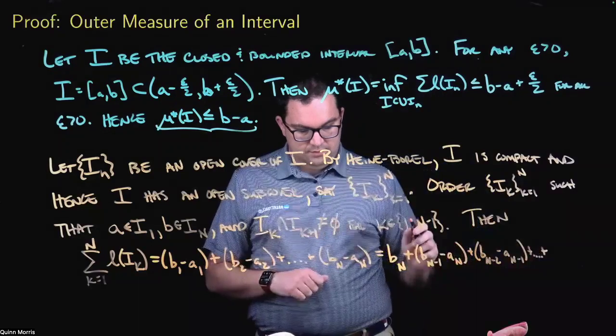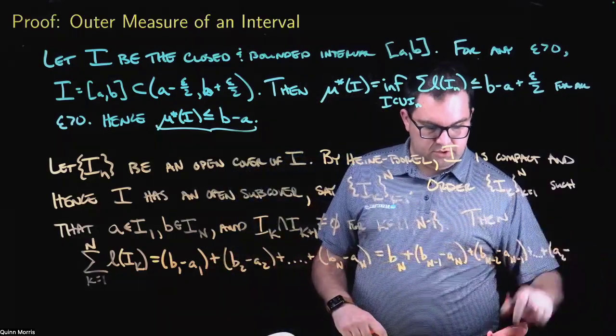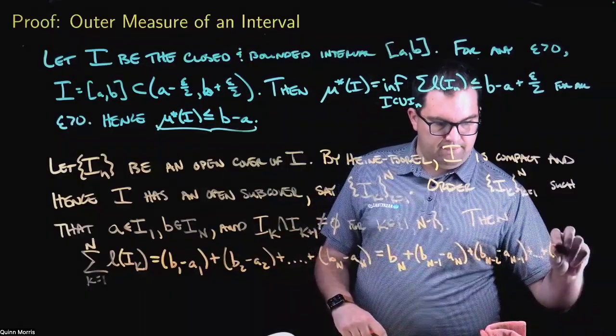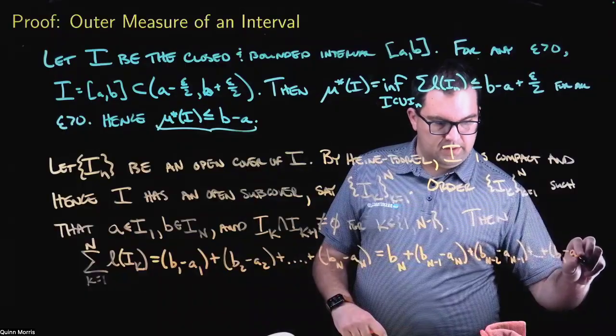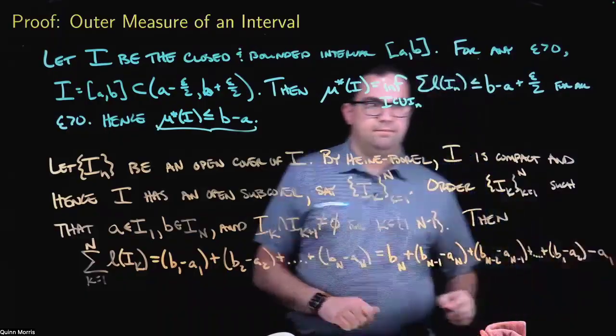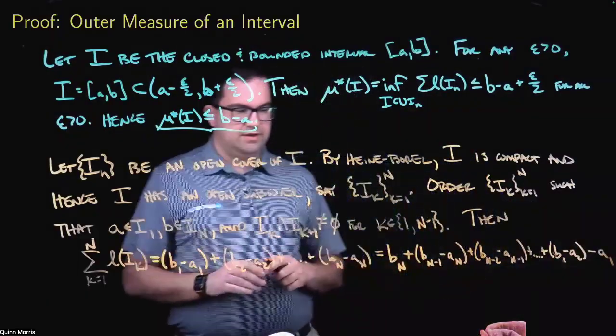And I'm going to keep going. I'll end up with B1 minus A2, and then a minus A1. So this really is all the same things, just grouped together in a slightly different way.